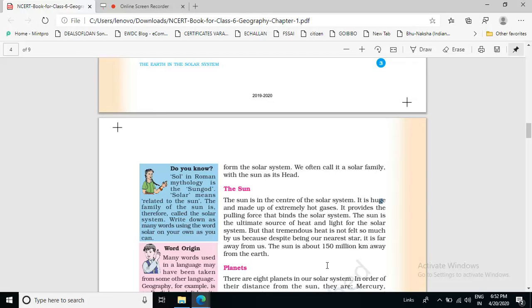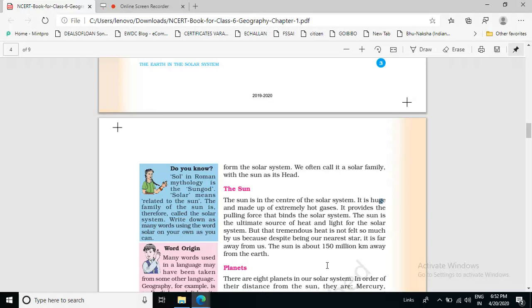Here is one more thing that you must know: the surface of the sun is very very hot, and still we don't feel that heat so much. Why don't we feel the heat of the surface of the sun so much? Because it is very very far away from us.